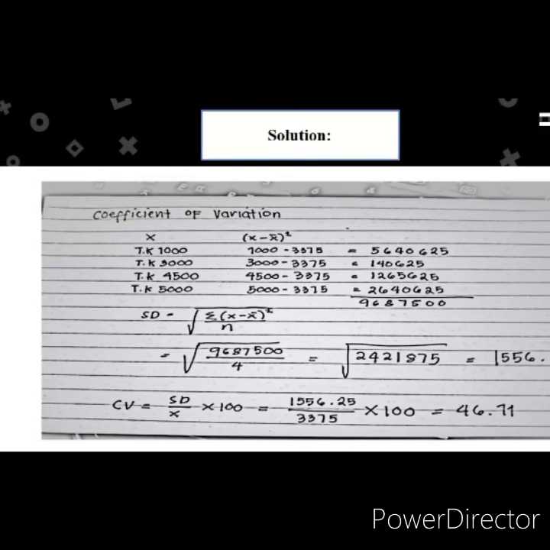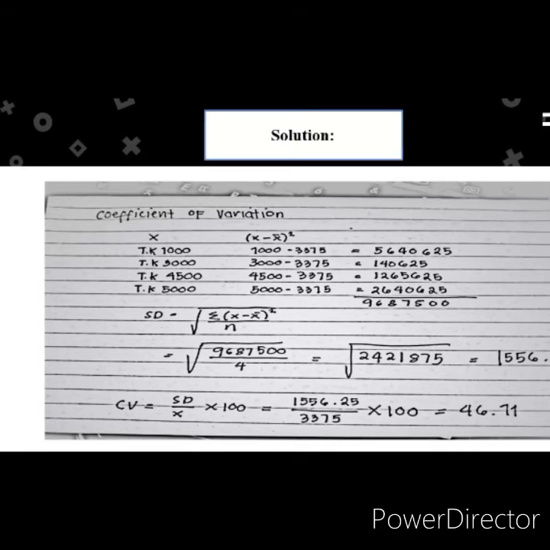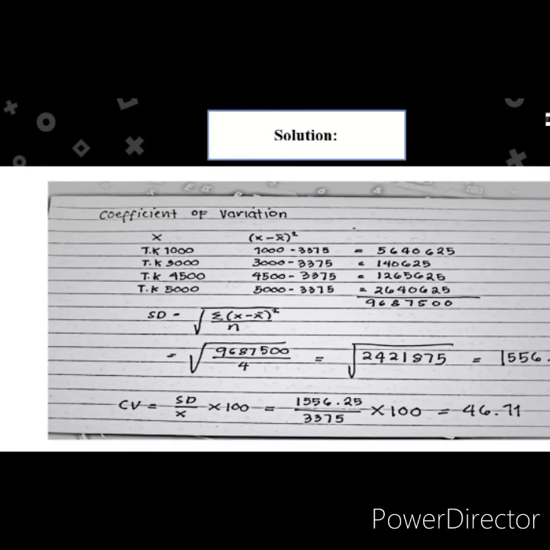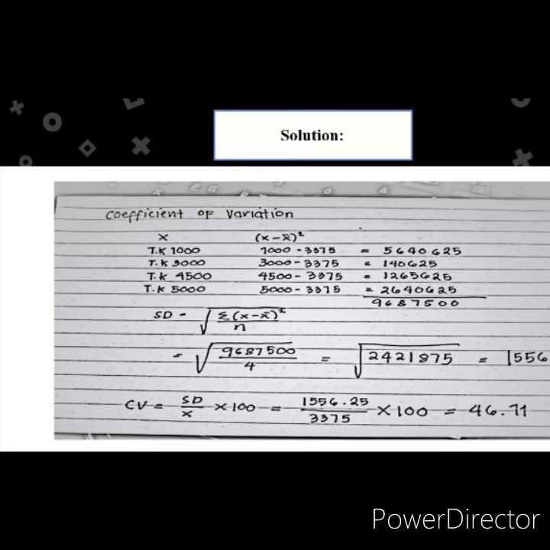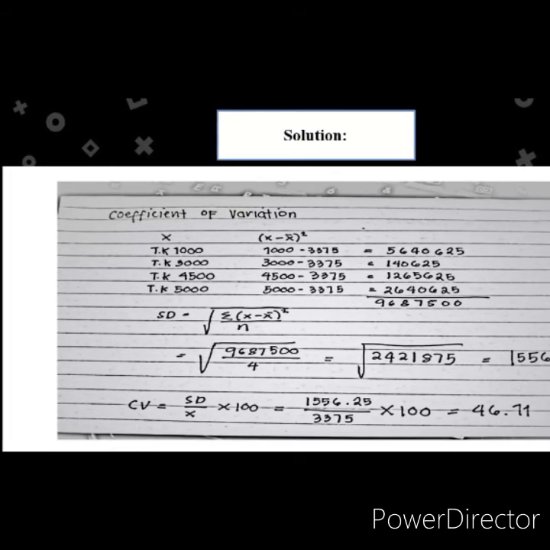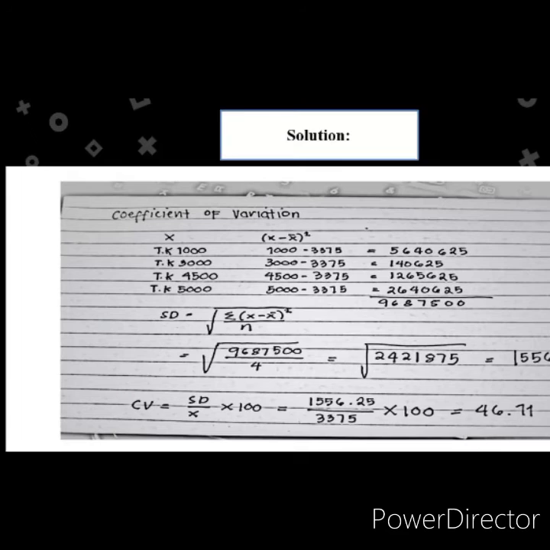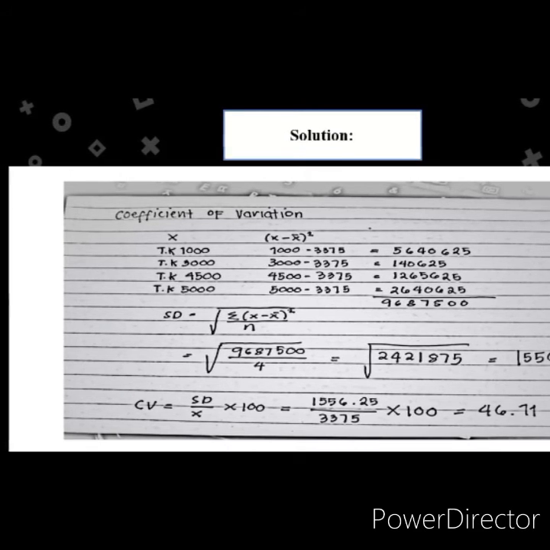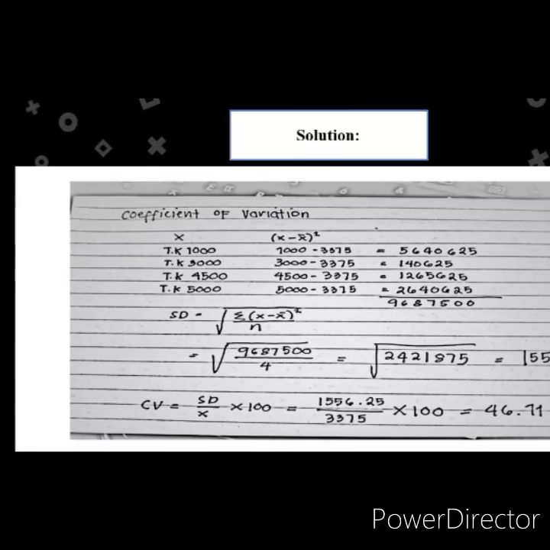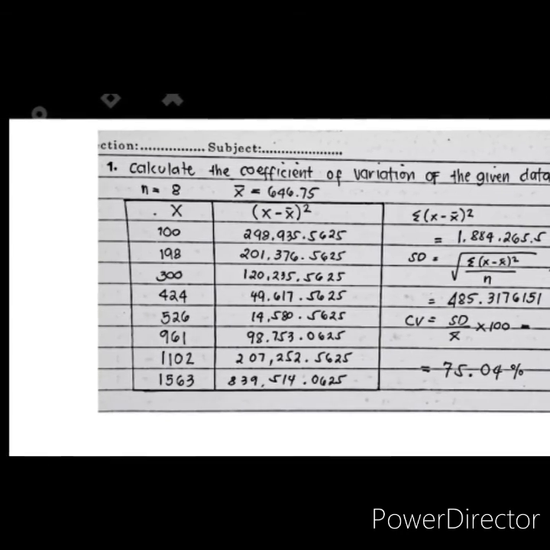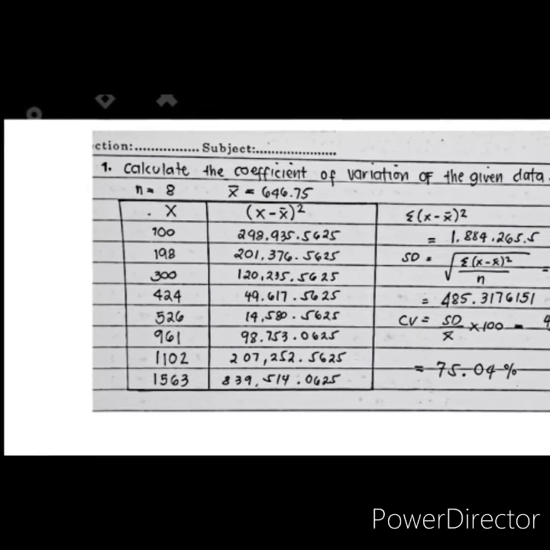So for the coefficient of variation, we have SD over the mean times 100, which is equal to 1,556.23 over 3,375 times 100. So the answer is 46.11%.